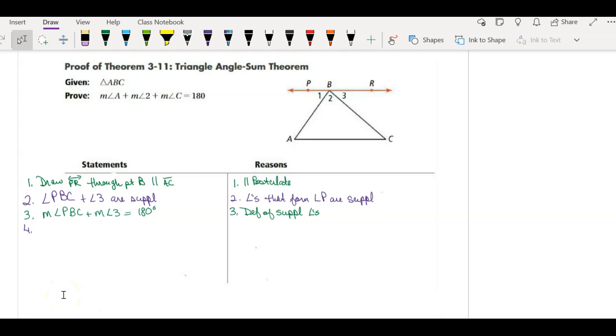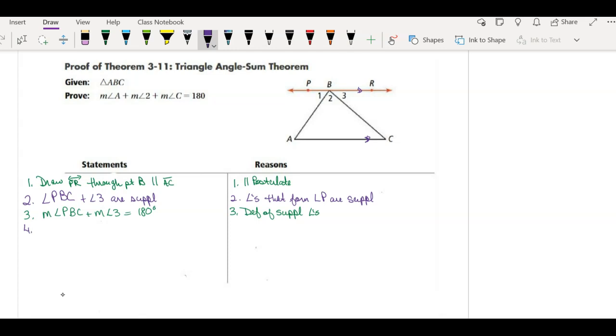Okay, so let's take a look at where we're headed. We know that line PR is parallel to segment AC, so I'm going to put my little notation for parallel. And I know that angle 1 plus angle 2 plus angle 3 is equal to 180 degrees. I know that the interior of my triangle, those angles sum up to be 180 degrees.